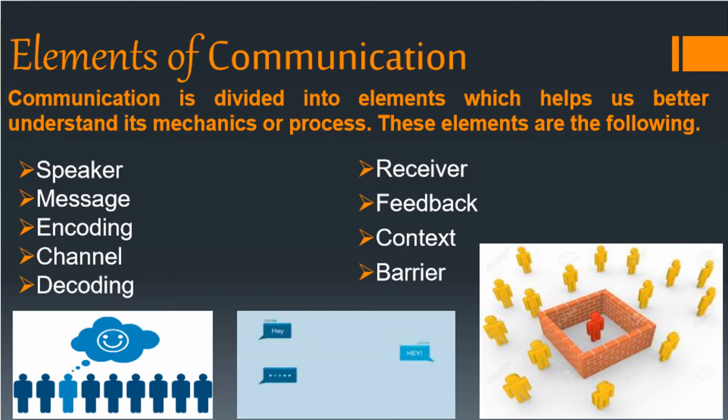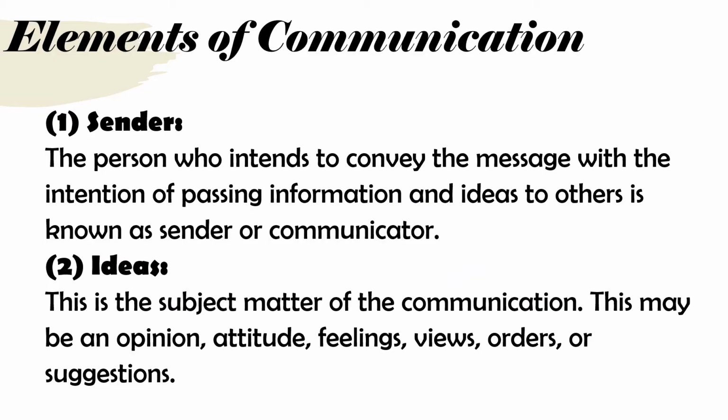Number 4, channel. Number 5, decoding. Number 6, receiver. Number 7, feedback. Number 8, context. And number 9, barrier. So let us explain this one by one as we go on with our discussion.